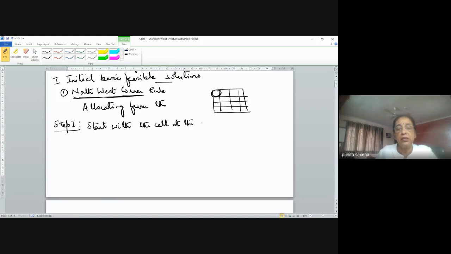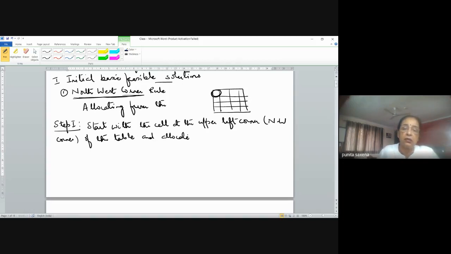So we start with the cell at the upper left corner, or the northwest corner, of the table, meaning the transportation table or transportation matrix, and allocate as much as possible. Now this needs to be understood.